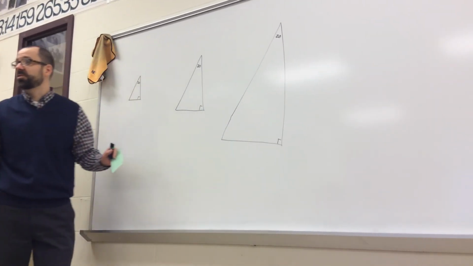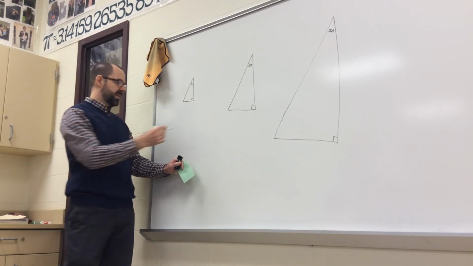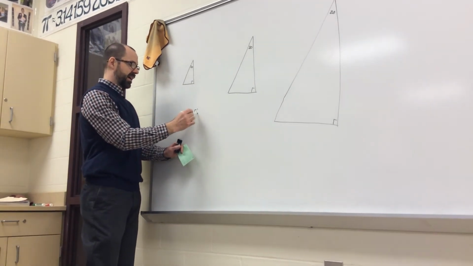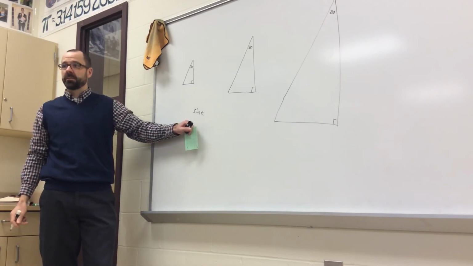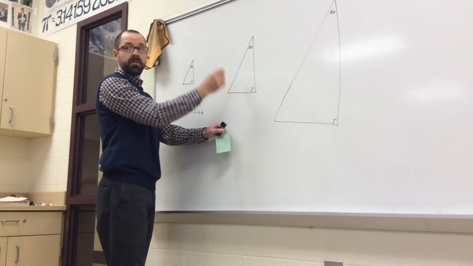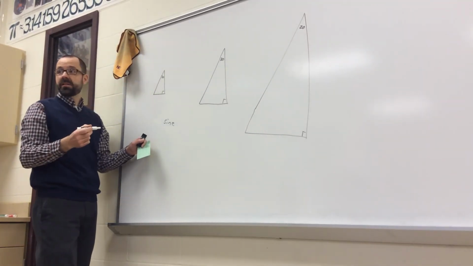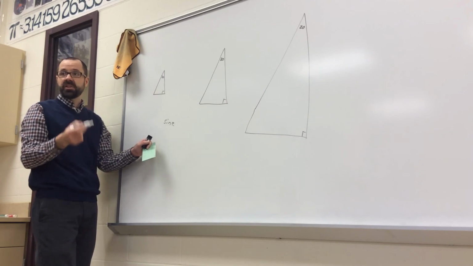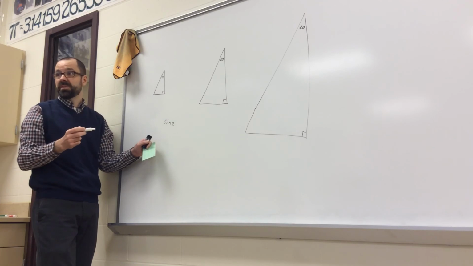And because all those fractions are equal, we can give it a name. And the name is sine, S-I-N-E. That's the name for this fraction. And since the angle is 20, it's the sine of a 20-degree angle. Because if that angle was different, then the fraction wouldn't be the same.